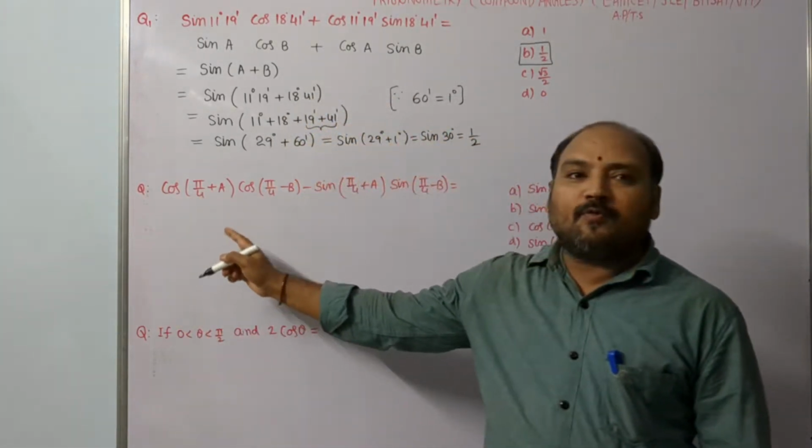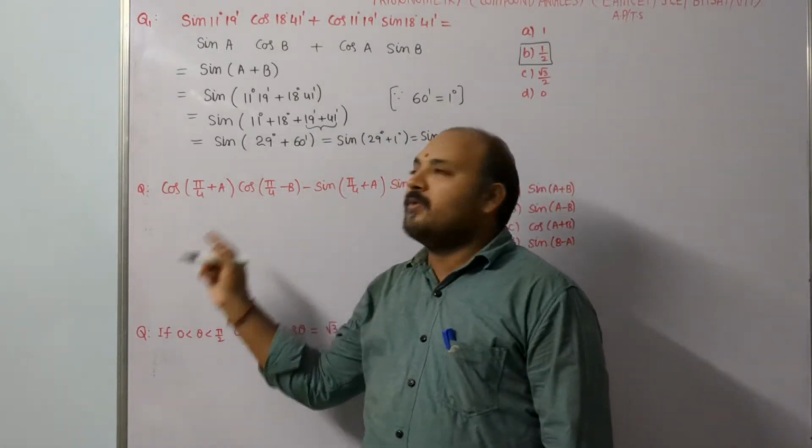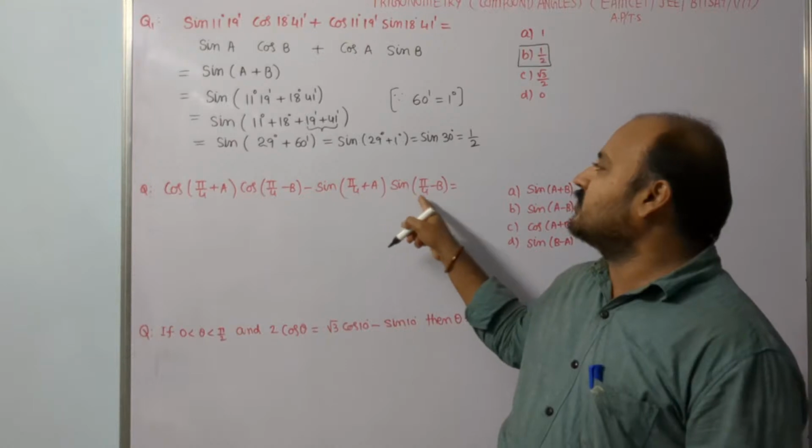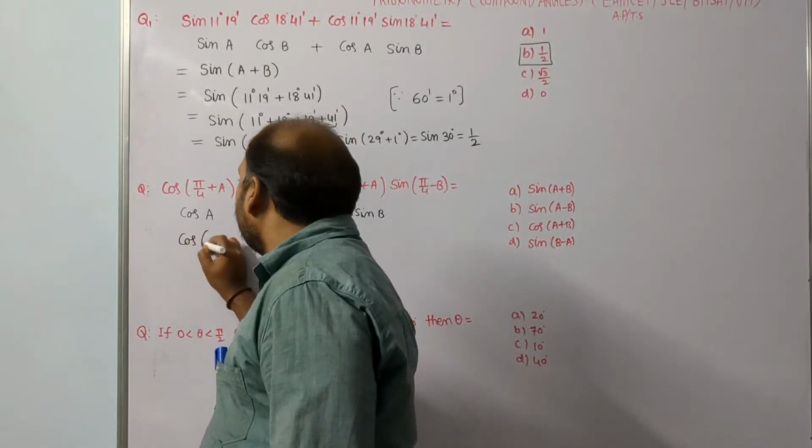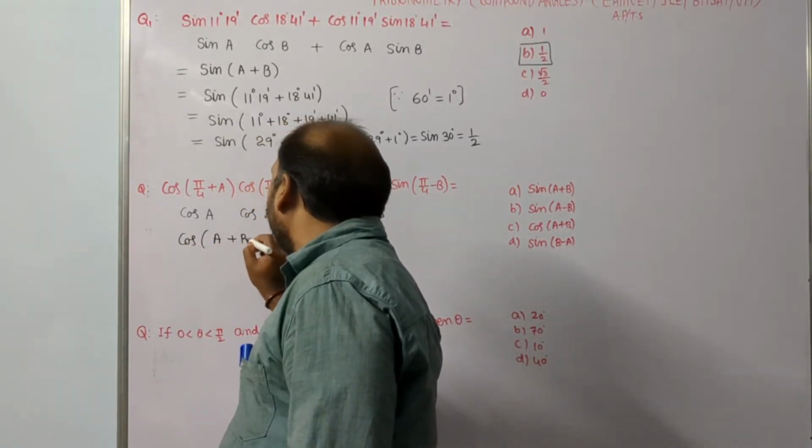Cos of pi by 4 plus a into cos of pi by 4 minus b, minus sin of pi by 4 plus a into sin of pi by 4 minus b. It is also in the form of cos a cos b minus sin a sin b, and that formula is cos of a plus b.